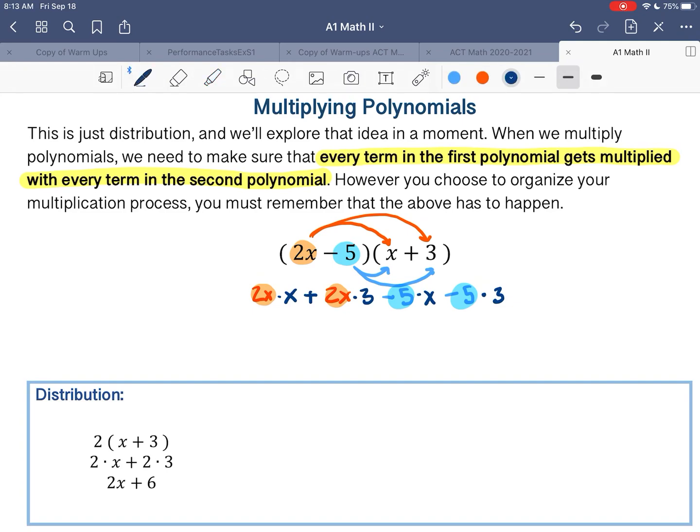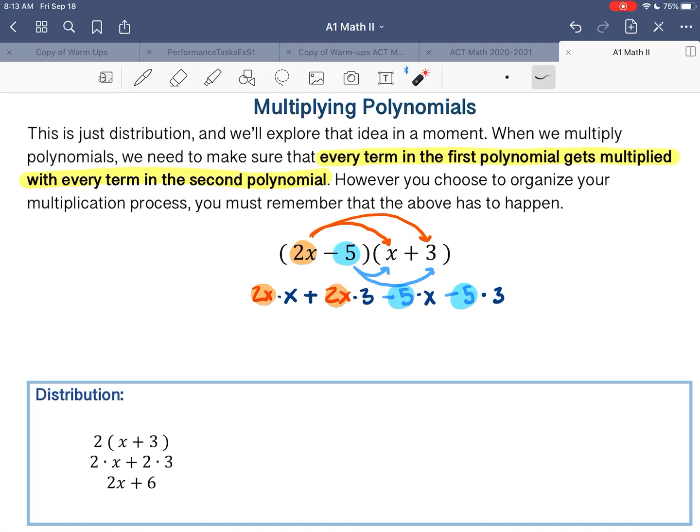These lines that I drew, this is the method that I use and I really like. People call it the rainbow method or something, just because you draw curved lines to connect things, but this helps me to visualize distribution. Notice this is the same thing that we do for distribution, it's just one more level.